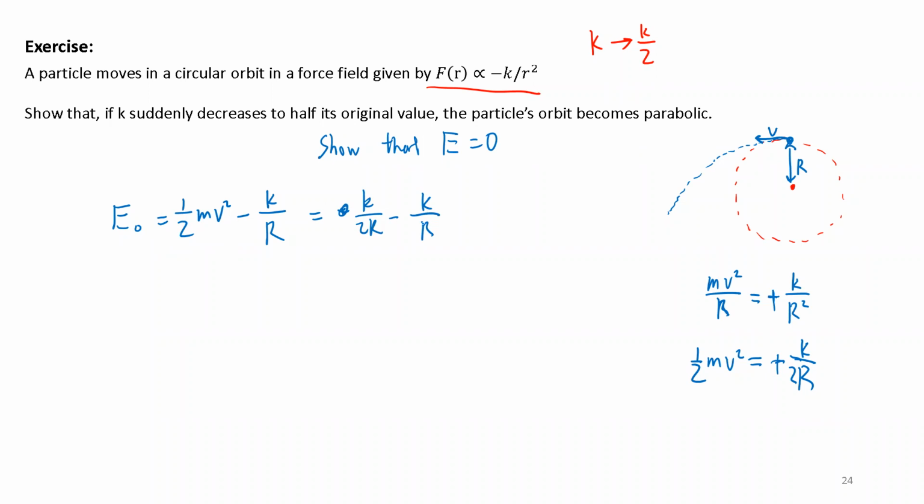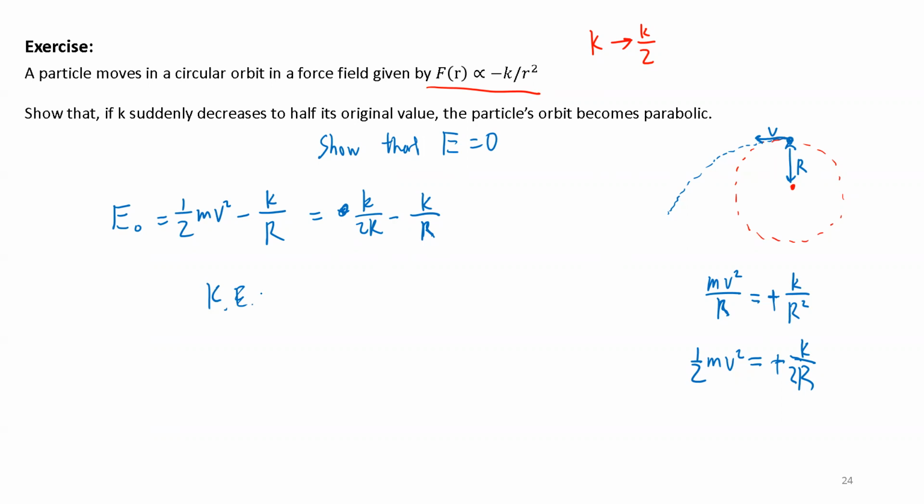Now as k is changed, suddenly the force is half. So what happened is that at that instant, the velocity won't be affected immediately. So that is the KE.